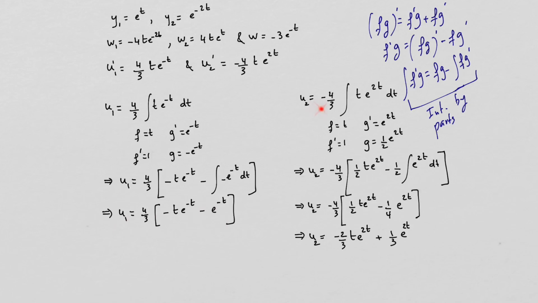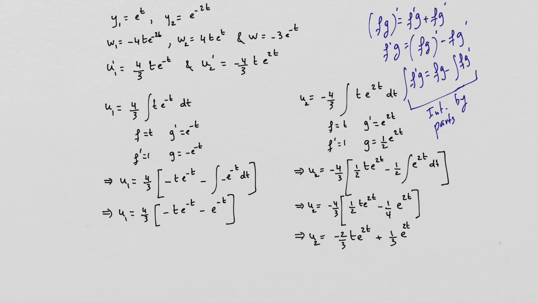The same thing for u2. It's negative 4/3 times the integral of t e to the 2t dt, of course. Integration by parts again. I call this f, and I call this g prime, because exponentials remain exponentials, but I would rather differentiate t to make it 1, okay?